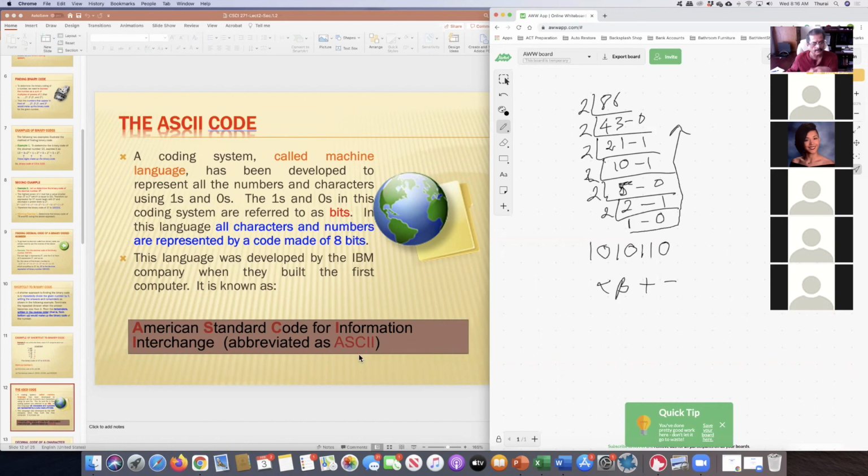So the real name is American Standard Code for Information Interchange. So the name of the language became ASCII or machine language, but the generally used name is machine language. So if I ask you a question, what is the language of the computer? Your answer would be machine language. If you say ASCII, that's not incorrect, but the more common name is machine language. Okay.